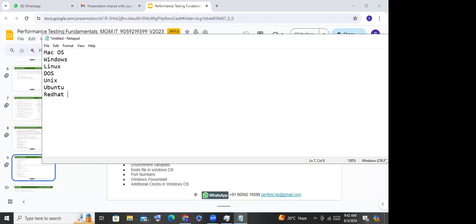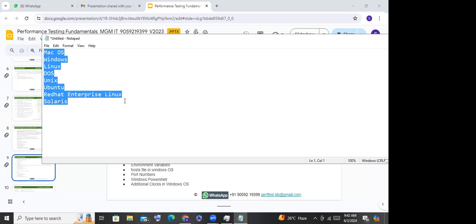Linux is already mentioned, but I will just mention this. Red Hat Enterprise Linux. Solaris. SQL Server is a different thing, we'll talk about it. But on a high level, there are a lot of other operating systems as well, and these are the different types of operating systems that are available.